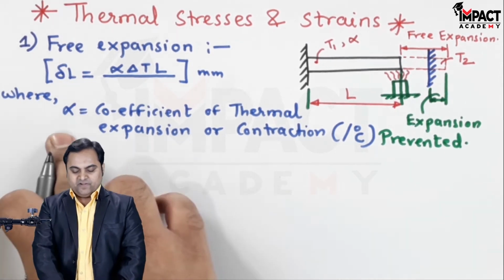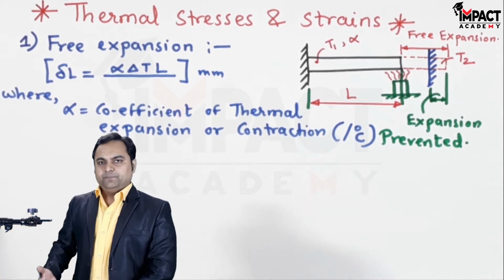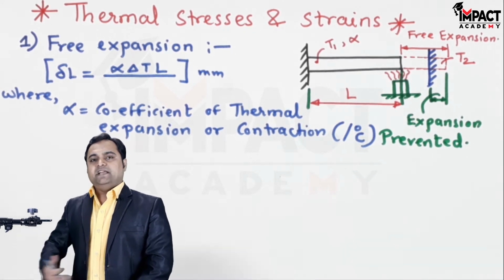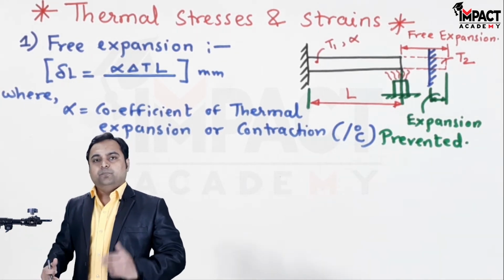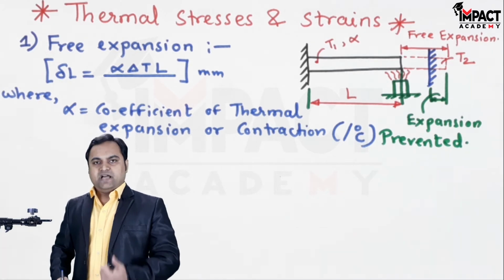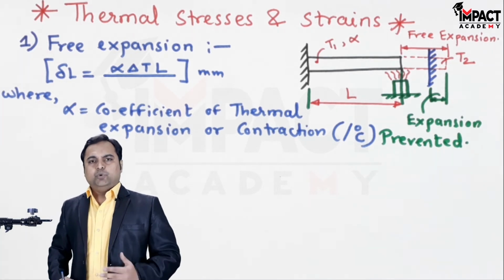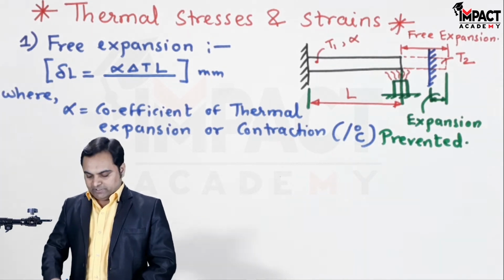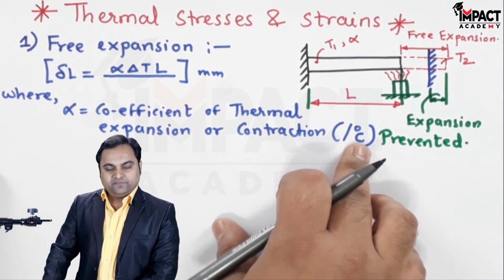If the value of alpha is greater, the material is more sensitive to temperature difference and it will expand or contract more rapidly. But if the alpha value is lower, the material will expand or contract slowly, and it has a unit of per degree Celsius.